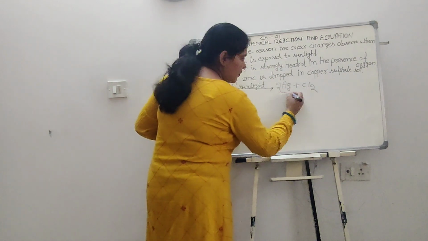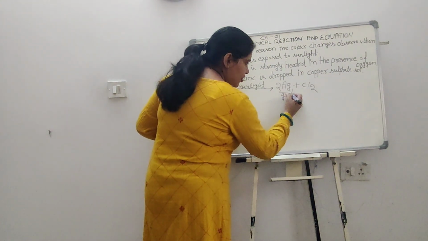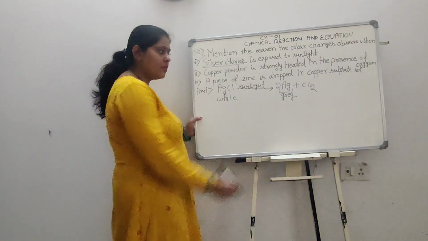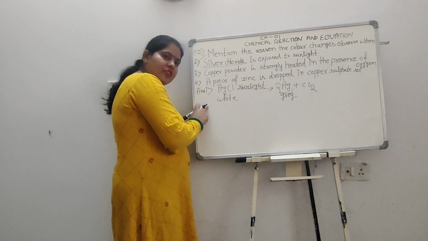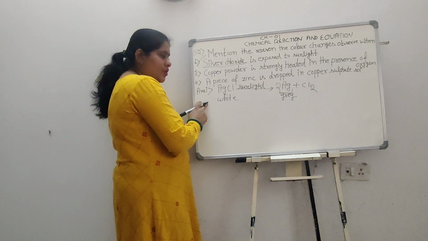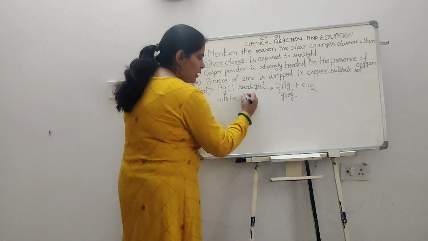Because of the formation of silver, its color changes to grey. And this is which type of reaction? This is a photolysis decomposition reaction.